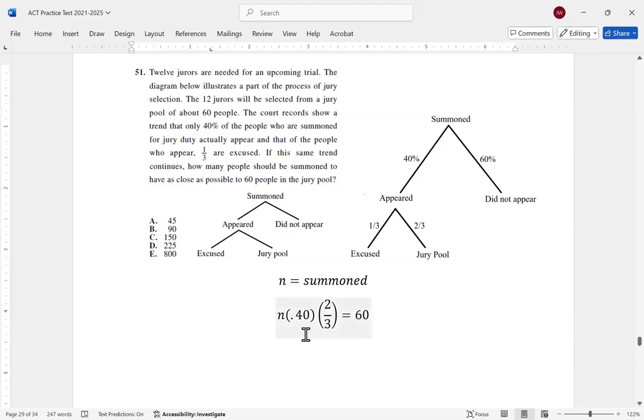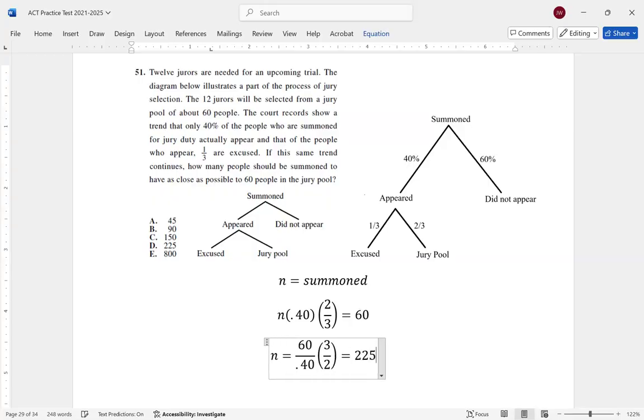So what I would do is divide both sides by 0.40 and then divide both sides by 2/3, which is the same thing as multiplying by 3/2. When I do both of those operations, what you end up with is 225. So in other words, I'm taking 60, dividing it by 0.40, and then multiplying by 3/2.